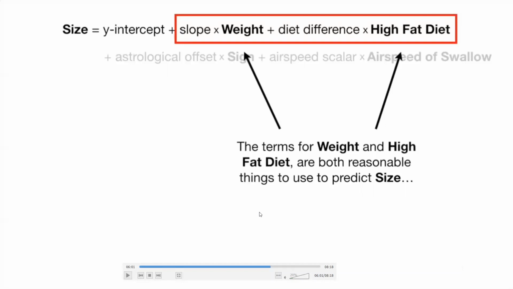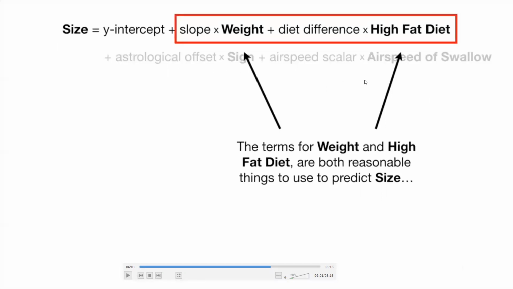So basically we should have high values of slope and diet difference, because weight and high fat diet contribute more in determining the size of the animal compared with astrological sign and airspeed, or how fast the swallow flies and in which month the swallow is born.